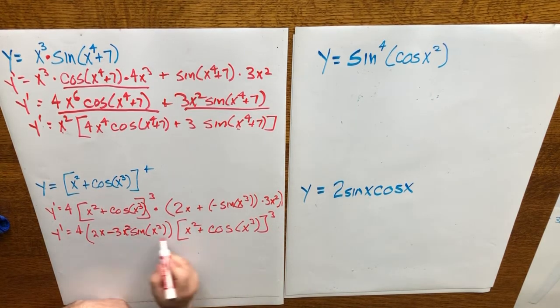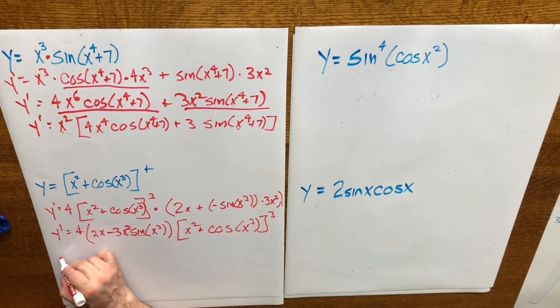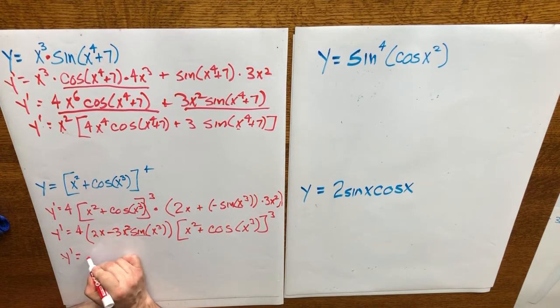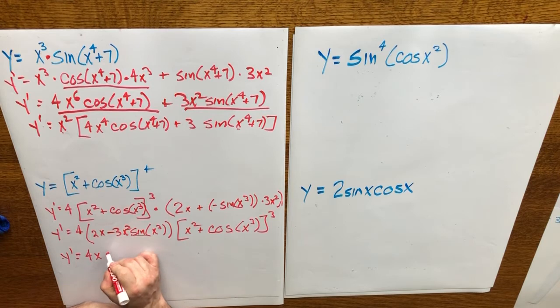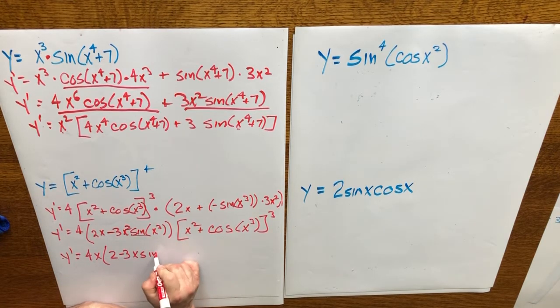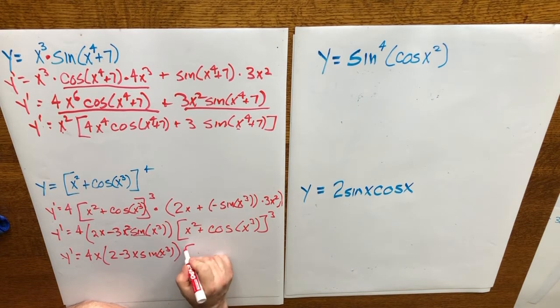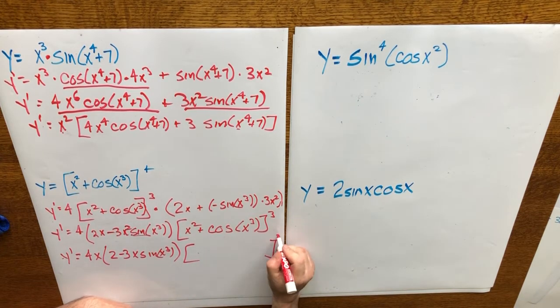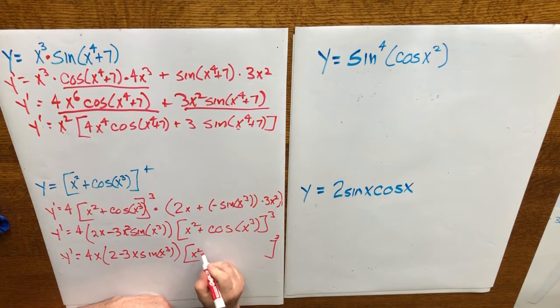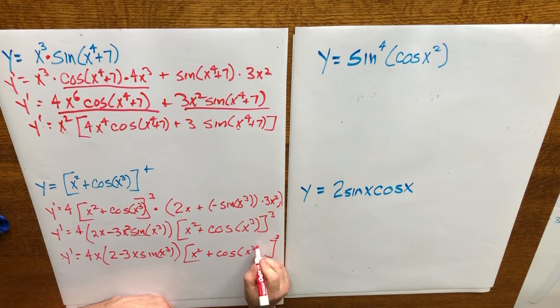The only other thing I can see to do here is common factor out an x, so that will be my last line. Y prime equals 4x, and that leaves you with (2 minus 3x sine x cubed) times the square bracket all cubed, x squared plus cos of x cubed. So there's another derivative.